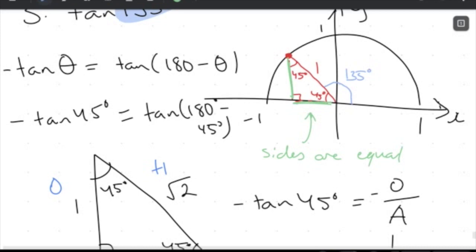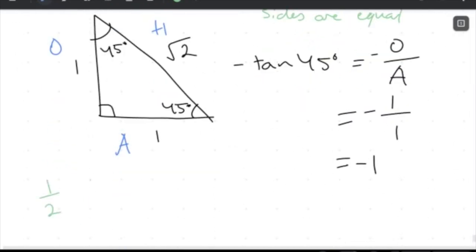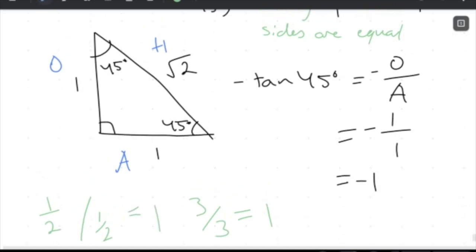And anytime we take a ratio, and we can do this with either of the 45s, opposite over adjacent will always give me one of these green sides I've labeled over another one. Since they're the same, it doesn't matter if this is 1 over 1 or a half over a half or 3 over 3. The ratio is always going to be 1. Hence why we get 1 as an answer for tan of 45.